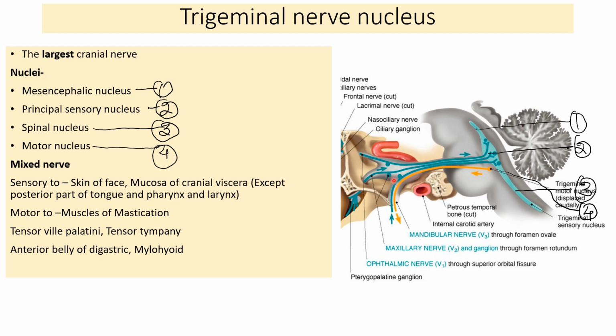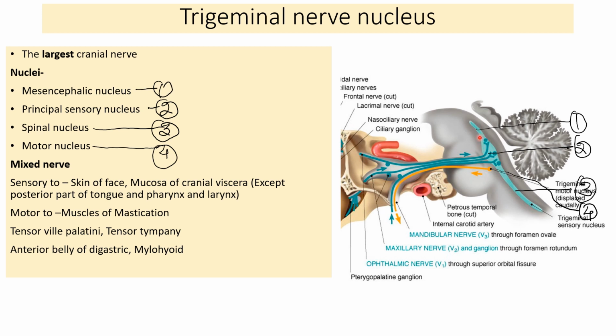Together, when this reaches the trigeminal impression at the apex of the petrous temporal bone, this expanded part of the sensory root is called the trigeminal ganglion, which has the cell bodies of pseudounipolar neurons. The central processes are these, and the peripheral processes are related with the receptors. So they carry sensory fibers.